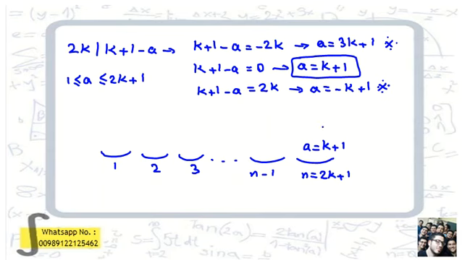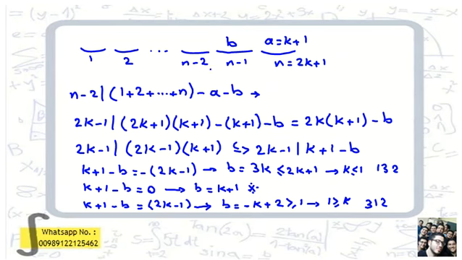Now, like the case that we checked for the small example n equals 5, we need to check this number. If we call this one b, then we need to consider the condition of the problem for the first n minus 2 elements. Now let's check. n minus 2 divides the sum 1 to n minus a minus b, exactly like the proof for when n equals 5, a small example. Now we want to prove that a equals b.